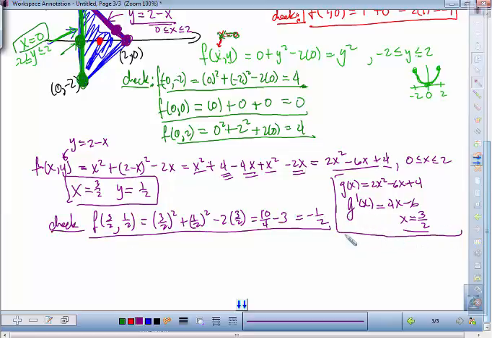So negative 1/2, which is not any less than negative 1 and not greater than 4. So that's not going to play into what we're doing.